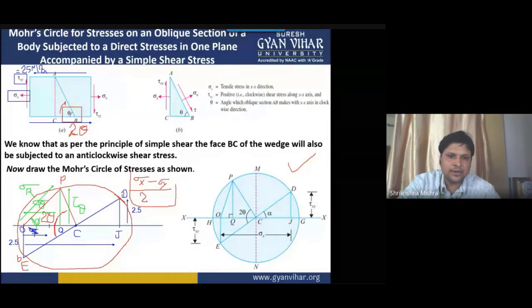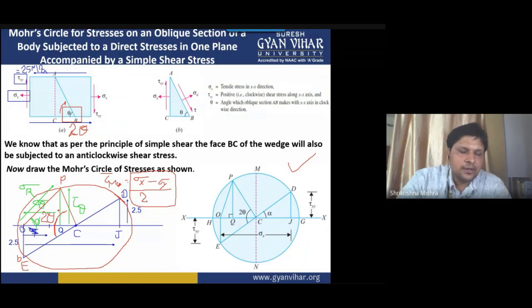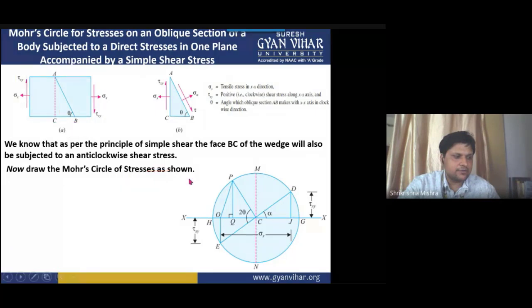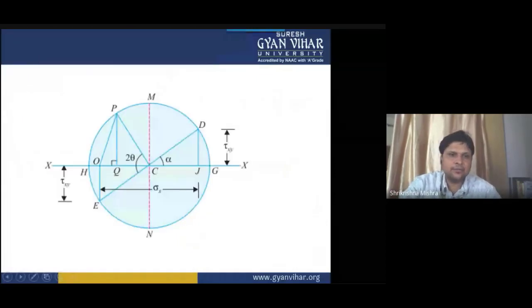This formula in analytical method we have used in order to find the value of tau max, maximum shear stress. So here you can see by geometry, this sigma x minus sigma y by 2, the radius of the Mohr circle, is equal to your maximum shear stress.